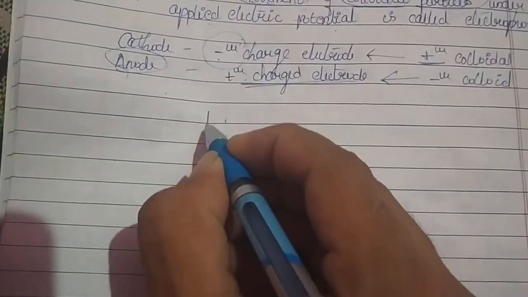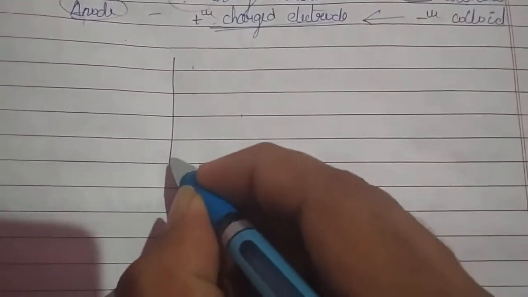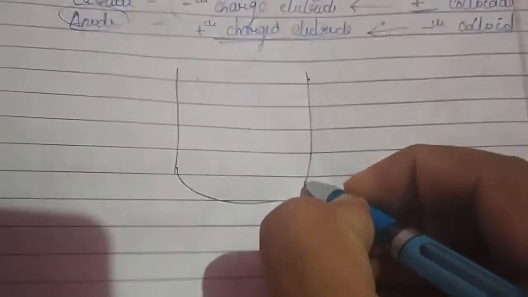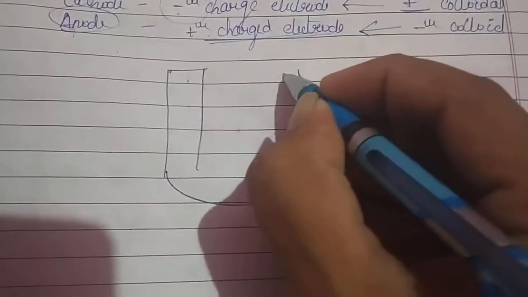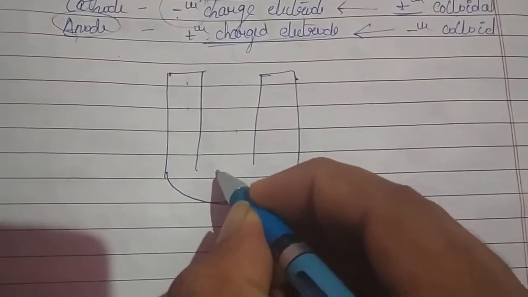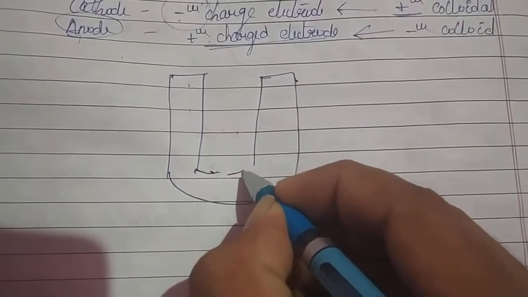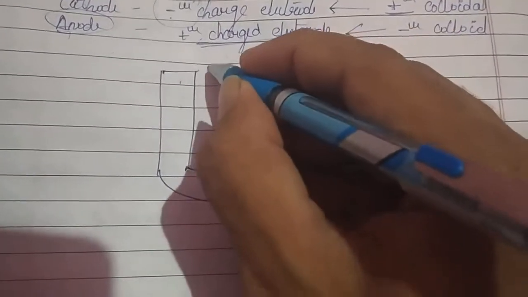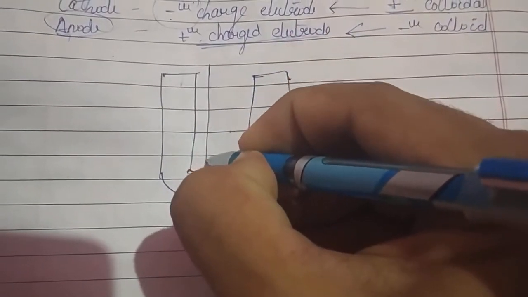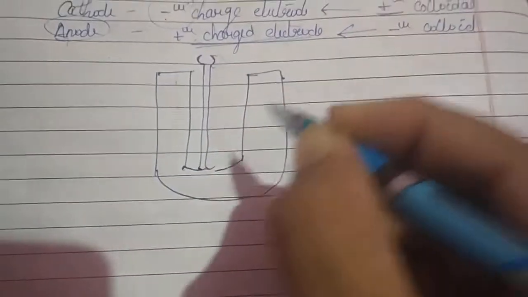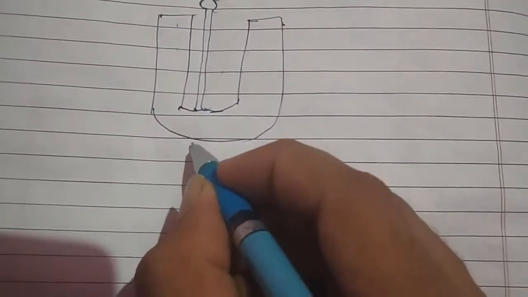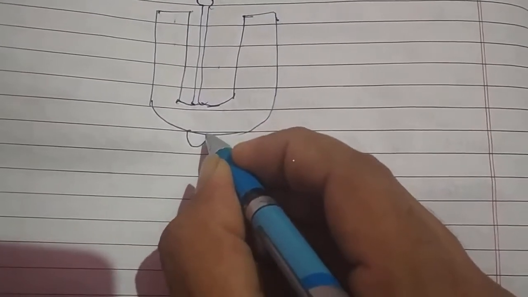Basically, it is like a U-limb, and here is your reservoir, and your stopcock.